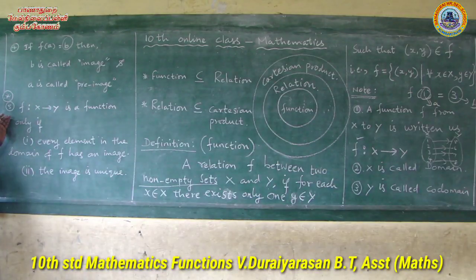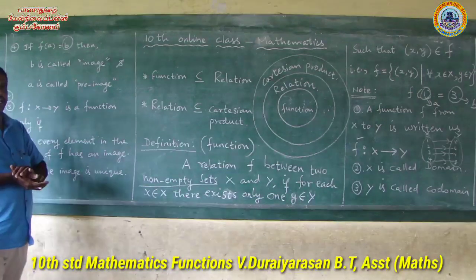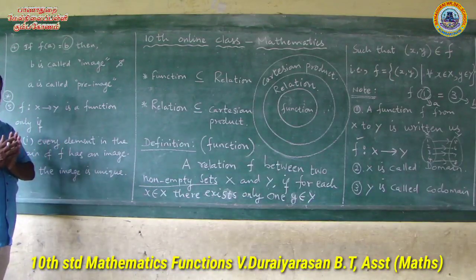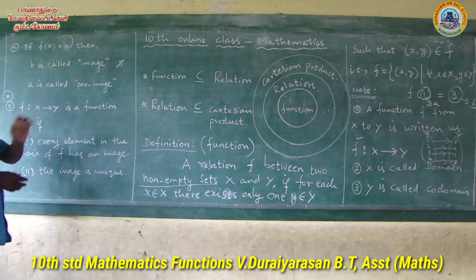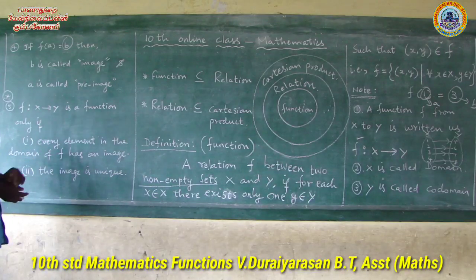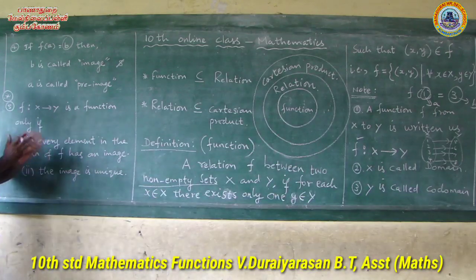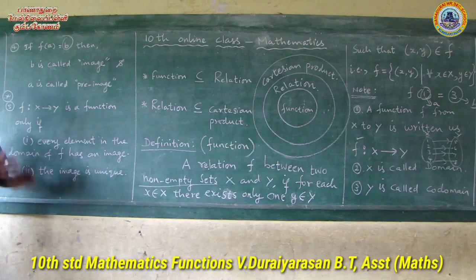Very important. Is the given relation a function or not? How to find whether the given statement is a function or not? What is the definition? What is the important point?